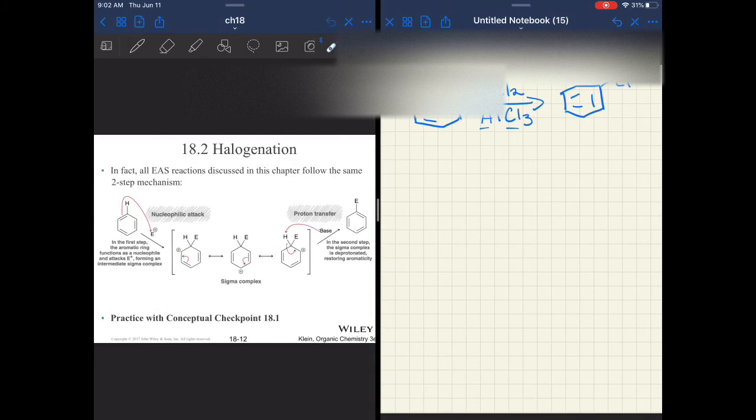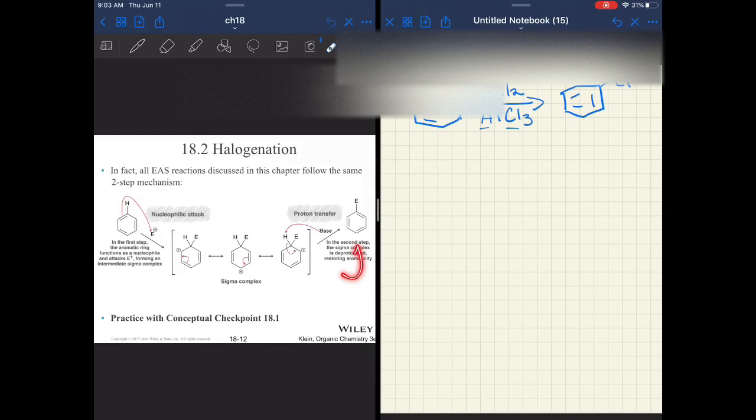All right, now what you're going to notice in the next several reactions we learn, you're going to have this same basic second step. You're going to have the nucleophilic attack of your potent electrophile that you will have to learn how to create. You will have a sigma complex, right? That's stabilizing that carbocation that you formed.